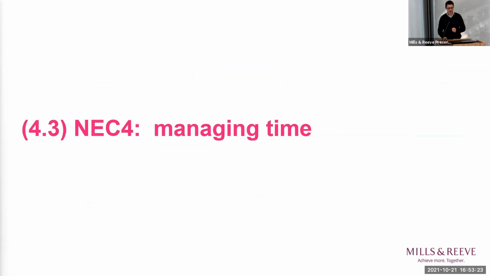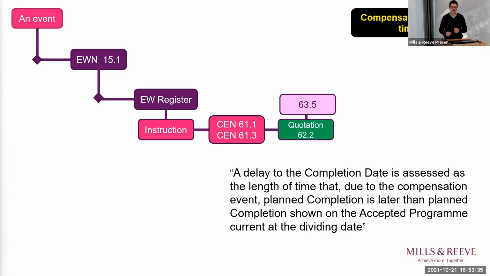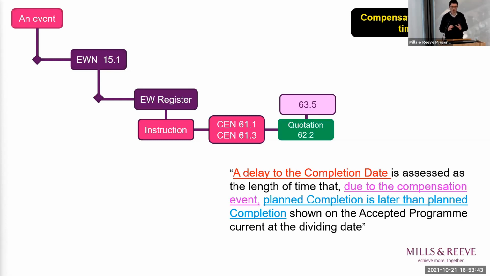So moving briefly onto time, I'm afraid it doesn't get any easier when assessing the effect of a compensation event on the accepted programme. And clause 63.5 gives some guidance as to what the project manager and the contractor are required to do in relation to time. And there's an awful lot to do within the NEC in order for the contractor to demonstrate that it is entitled to an extension to the planned completion date.